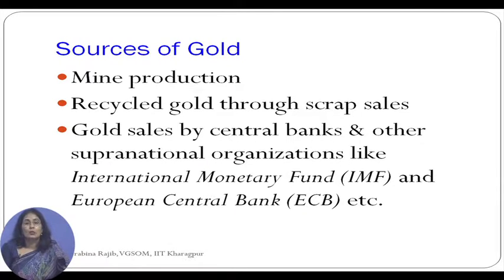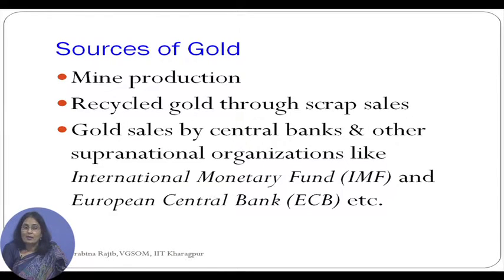Now, where does this gold come from? As we mentioned, predominantly it is new gold, around 3,000 tons on average gets mined, and another portion comes from recycled gold through scrap sales, that means old gold sales. Another interesting part is the gold sales by central banks and other supranational organizations like the International Monetary Fund and the European Central Bank.